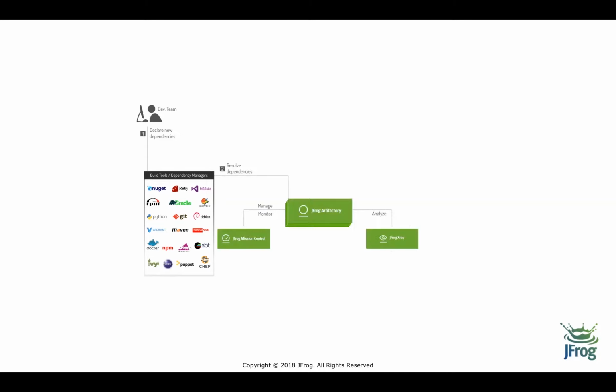And so in order to resolve those libraries, first it goes to Artifactory to resolve the libraries. Artifactory for the first time would likely not have a copy of those libraries. And so Artifactory turns around and goes to a remote central repository like JCenter or Maven central repository to pull down that artifact and store a cache copy of that artifact.